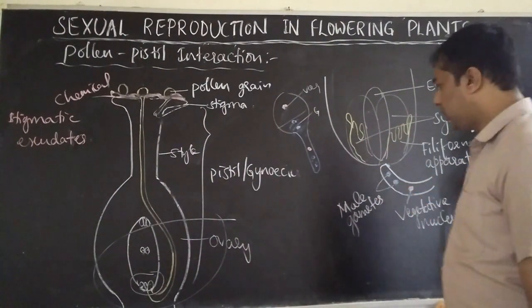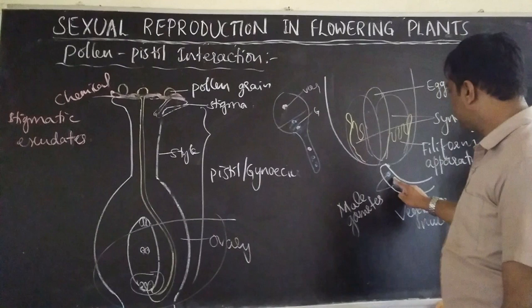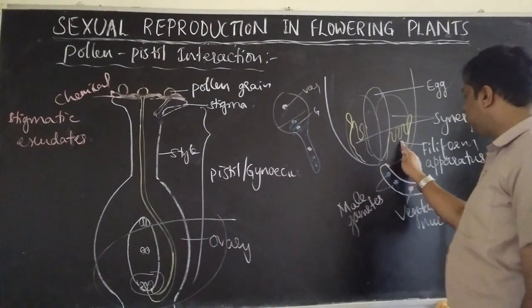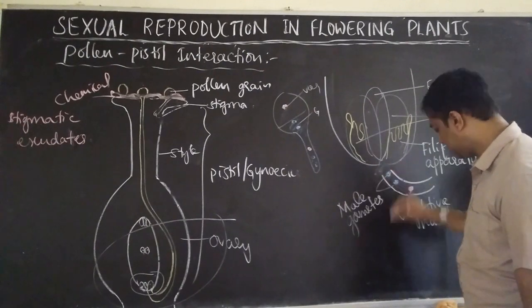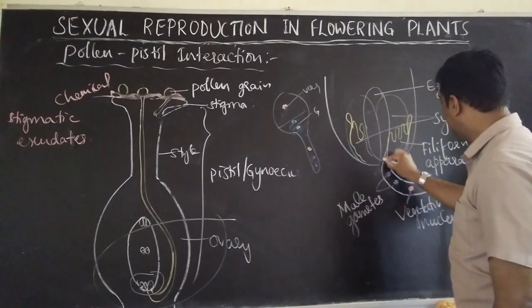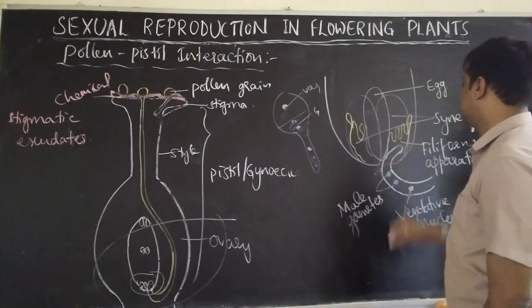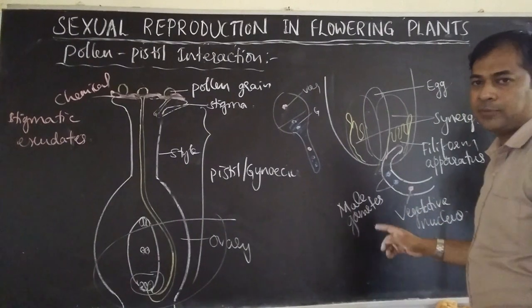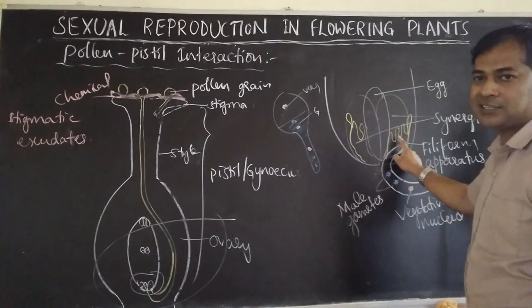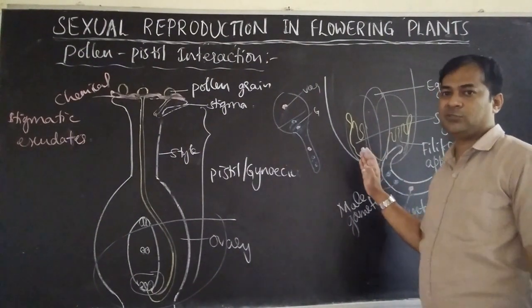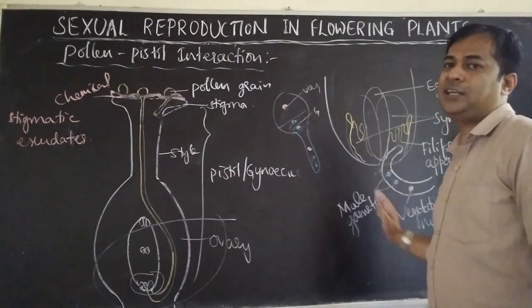Now, the pollen tube first has to enter the filiform apparatus. There is no direct entry into the egg. The filiform apparatus is a finger-like structure, which I am showing in yellow color, that facilitates the entry of the pollen tube.